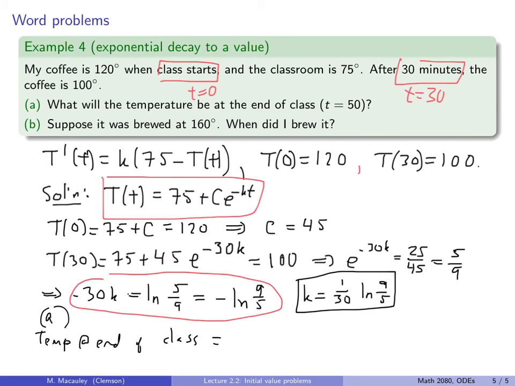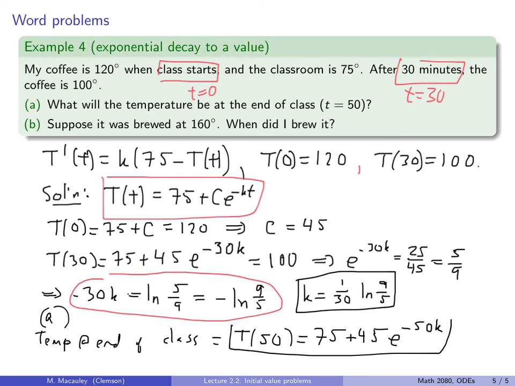Temperature at the end of class is just none other than T of 50, which is 75 plus 45 e to the minus 50 times k. And again, I am not plugging in my actual value of k. I'm just going to leave it like that.